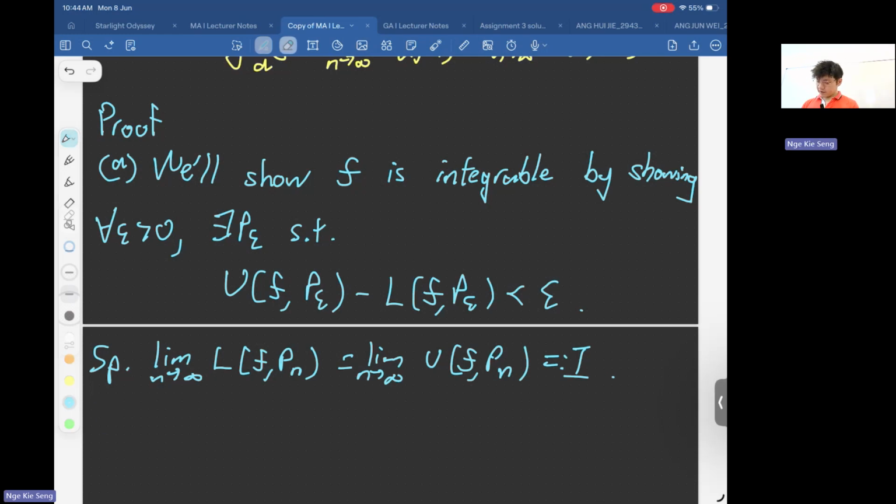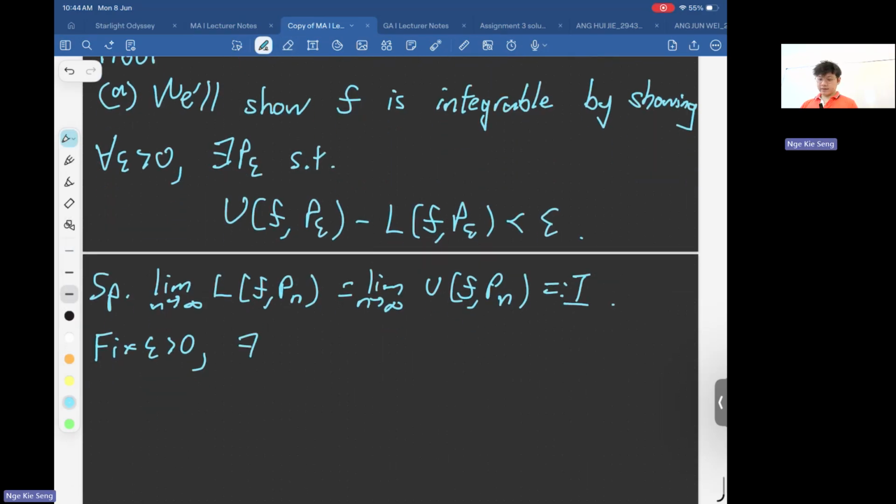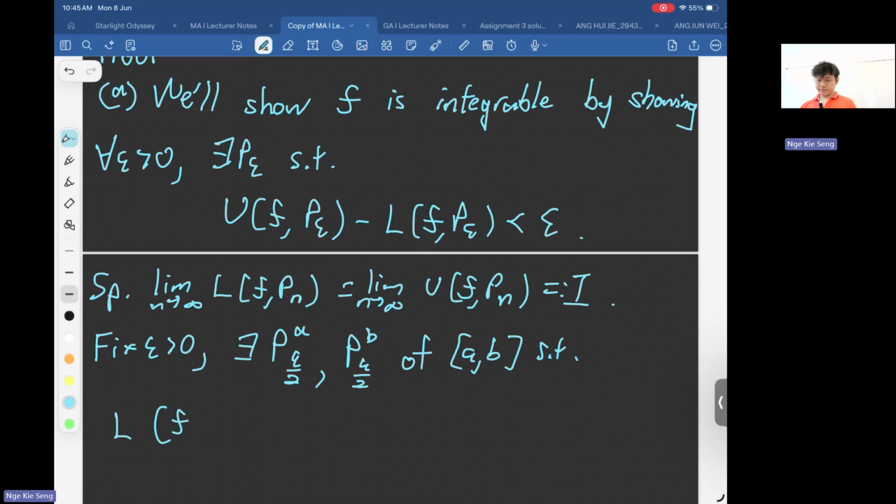So for a fixed epsilon greater than 0, there exists a P, let's call it P_A of epsilon over 2 and P_B of epsilon over 2 of AB, such that these two things hold.